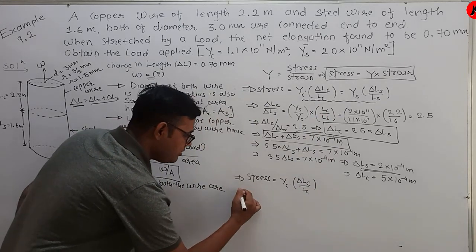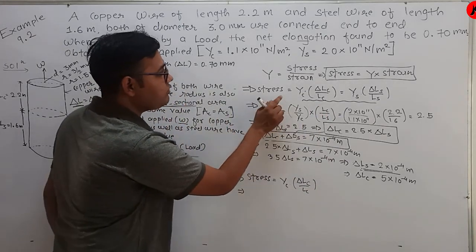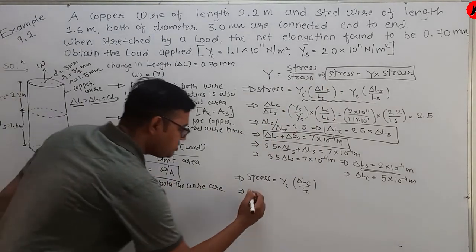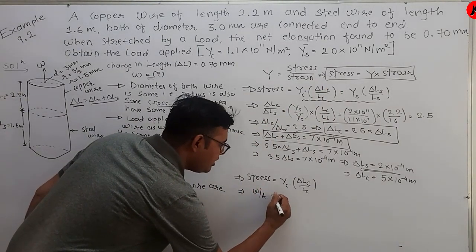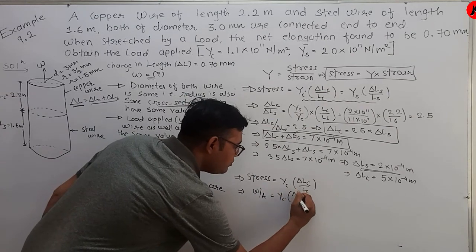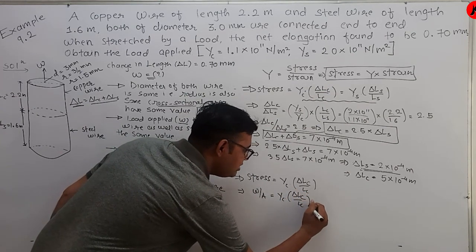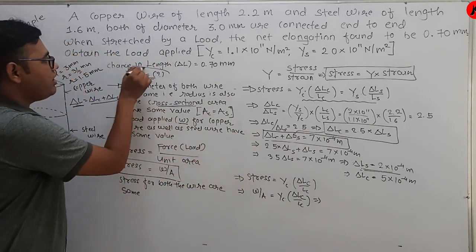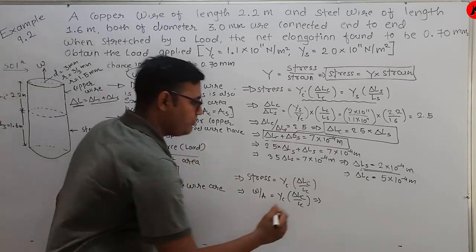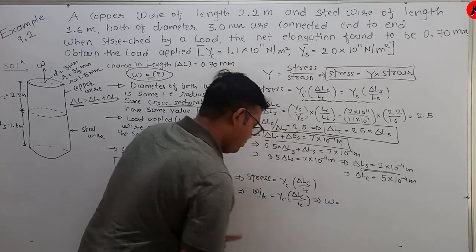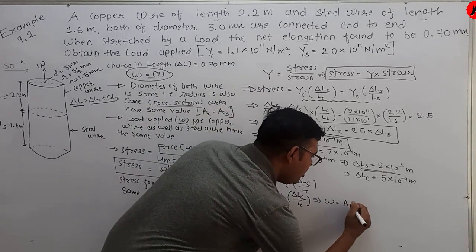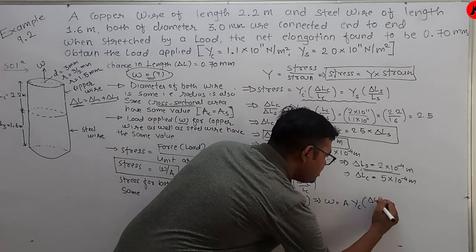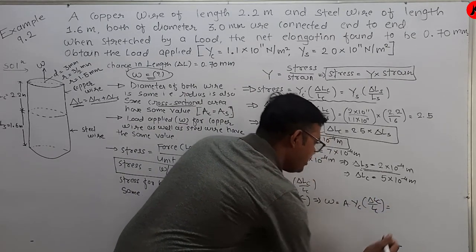And stress is given by the equation W by A. So put W by A equal to YC into delta LC by LC. From this equation we need to find the value of W. So W is equal to A into YC into delta LC by LC, right?